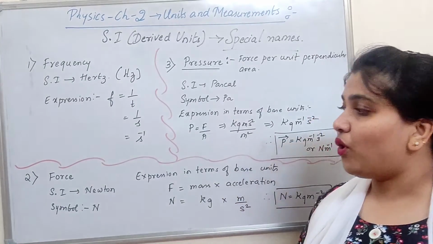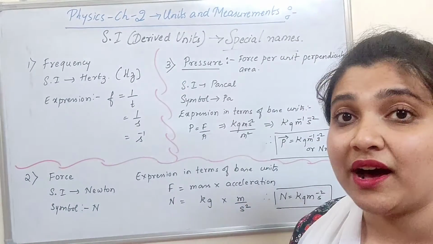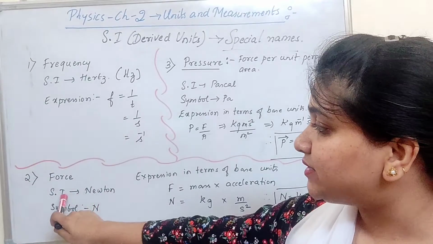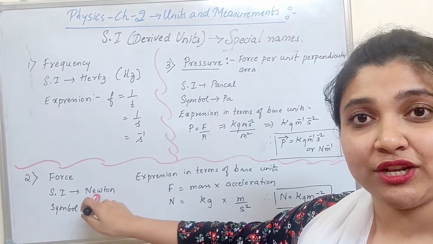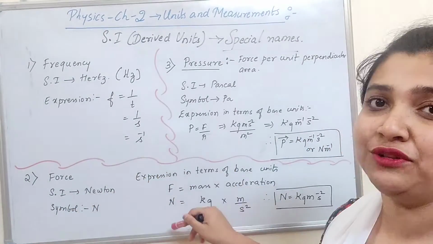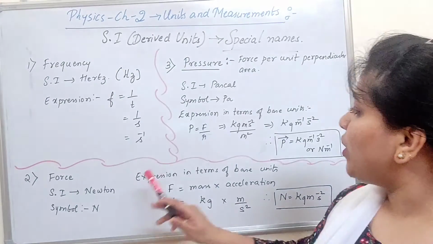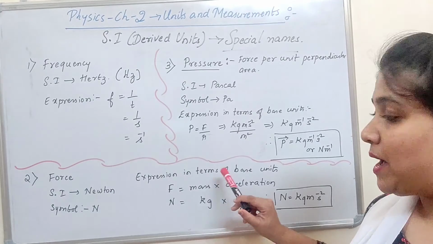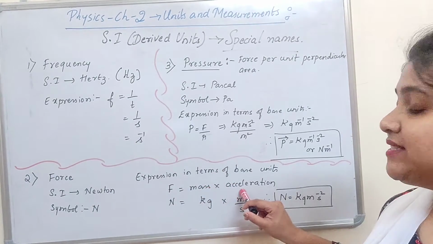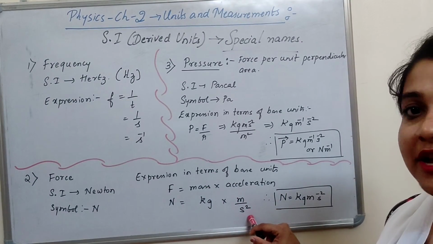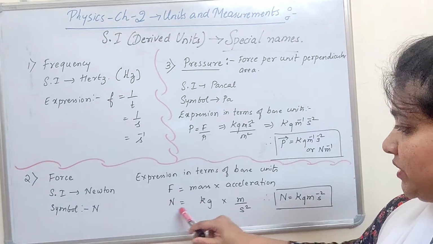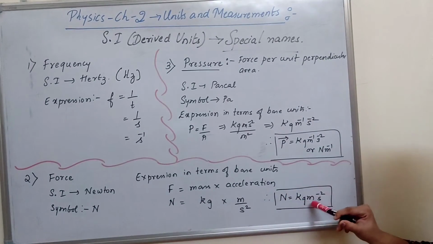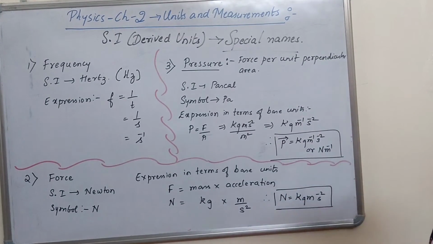Alright, so all of these I have to derive. See, the SI unit is Newton. Is it in meter, kg or all? No. So I have to derive this into that form. Alright, so how do I do this? We know that force is equal to mass into acceleration. Mass is nothing but kg. Acceleration is meter per second square. So therefore force or Newton is nothing but kg meter per second square.